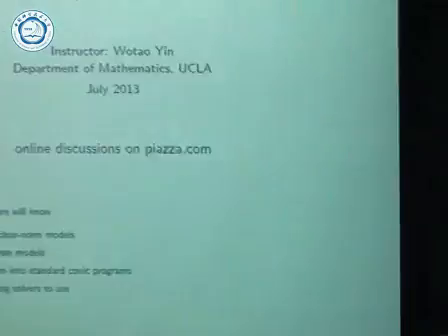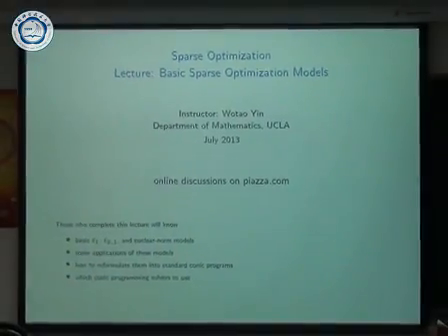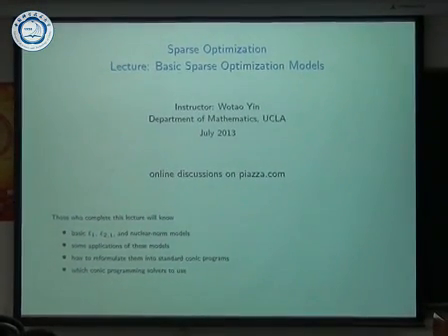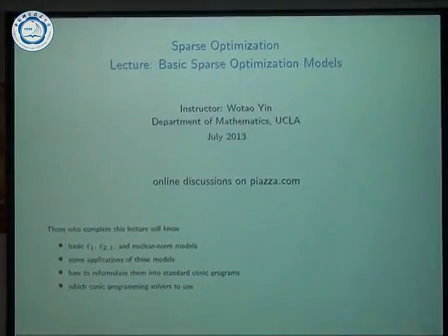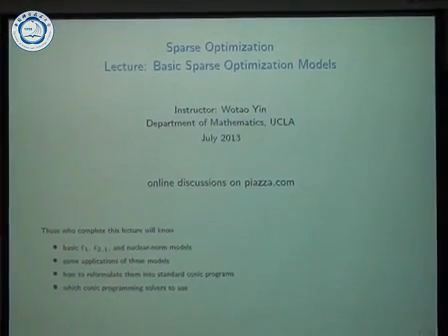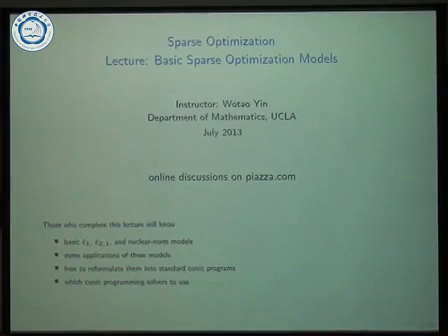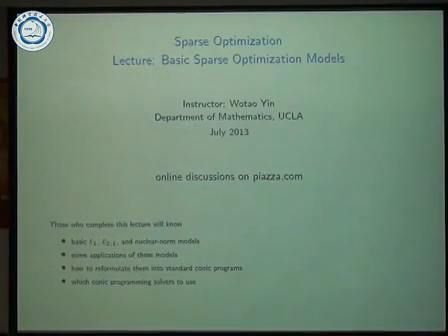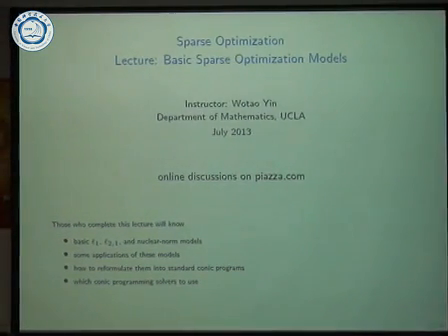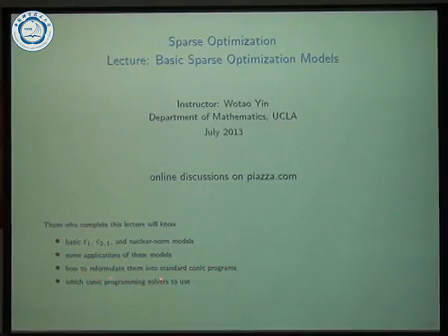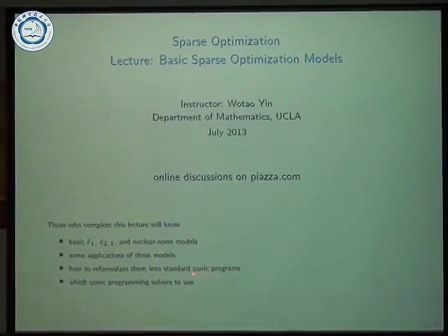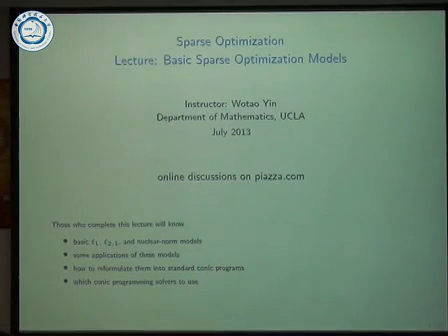Okay. So what's the purpose of this lecture? We're going to see the basic L1, L2,1, and nuclear norm models, and basically argue why they will give you sparse solutions. We're already seeing some of the applications. We're going to reformulate them into standard conic programs and start solving them.